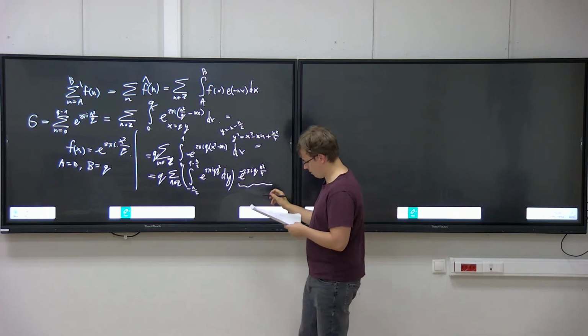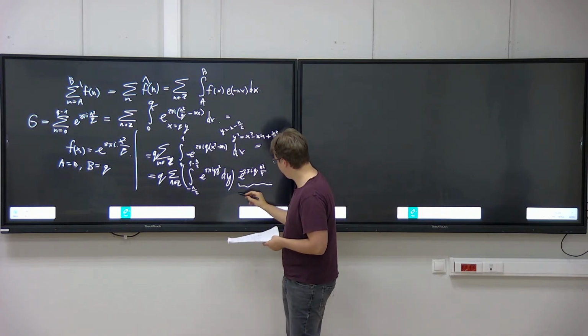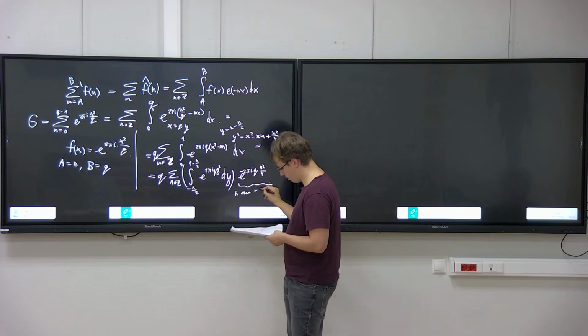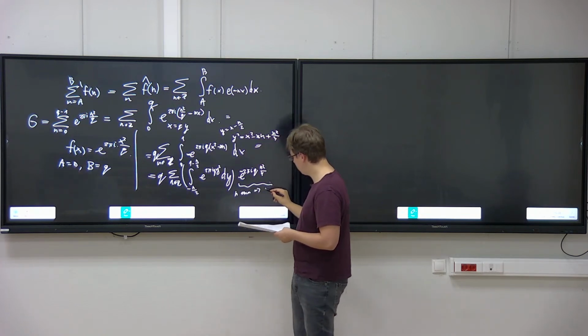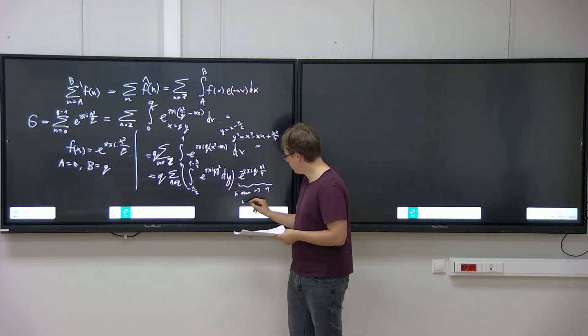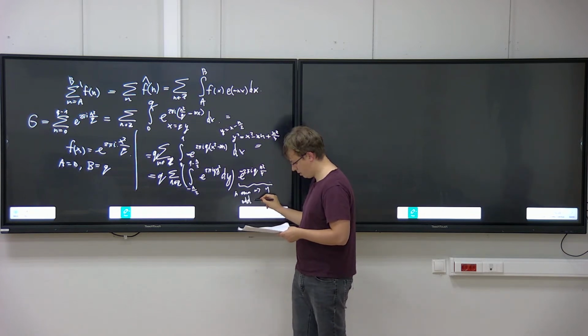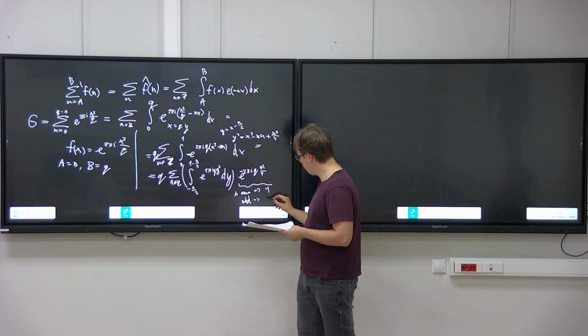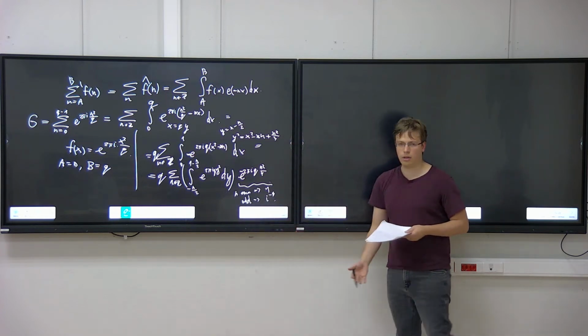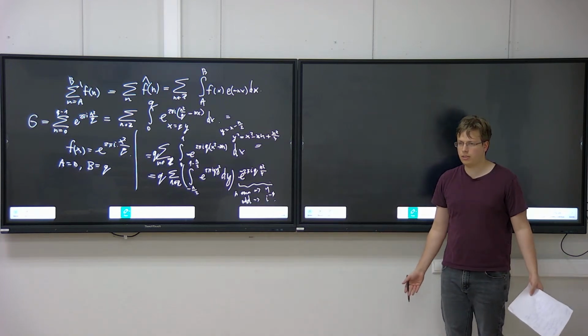Okay, the claim is if n is even, then it is 1, and if it is odd, then it is e to the power minus q, and here q is an arbitrary integer.